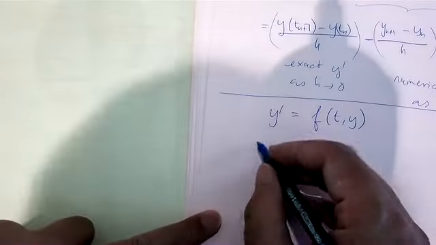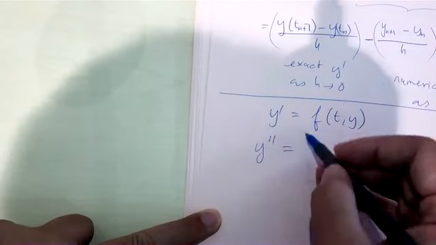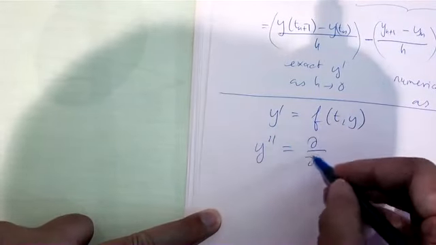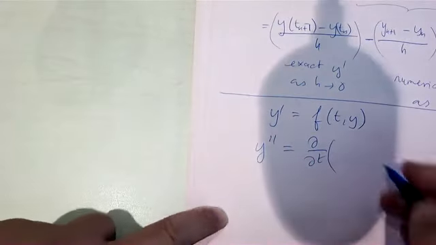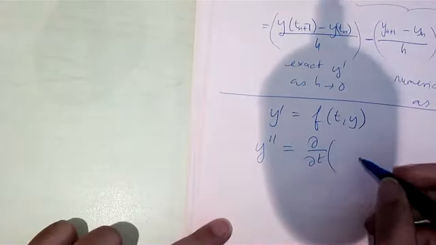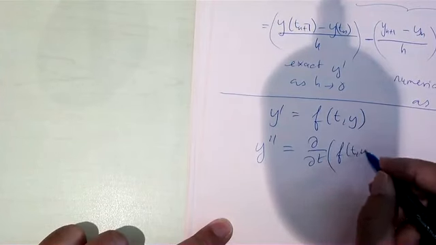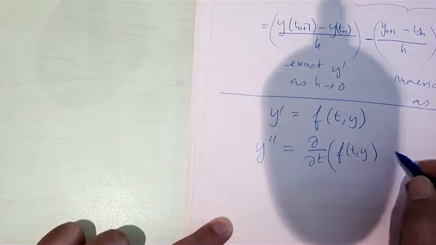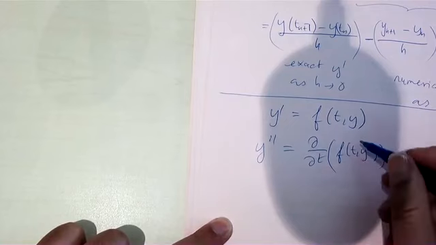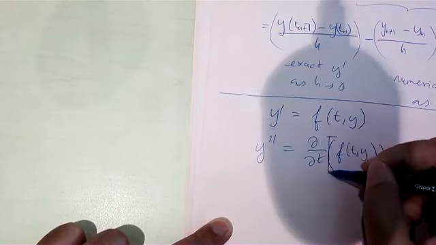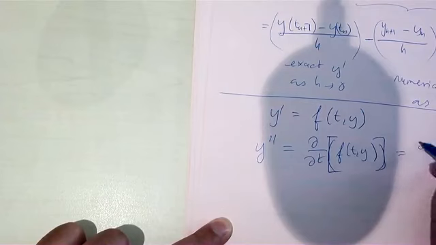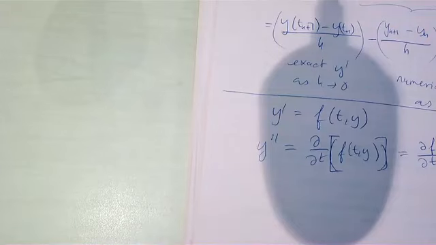Then y double prime, because of the chain rule, you have to do two steps. First, you take the partial of f with respect to t. Then after that, you take the partial of f with respect to y, and then the partial of y with respect to t. This is the chain rule.